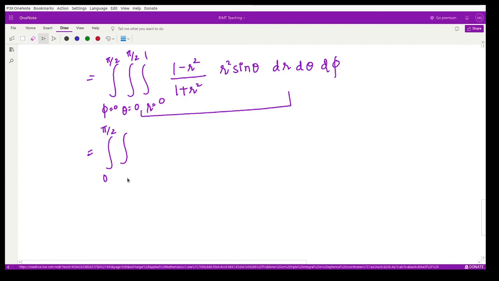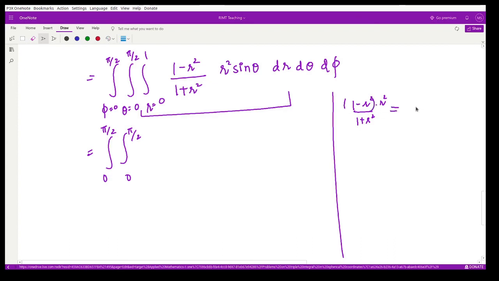r. So we have this double integration as such, and then when you solve this, let me solve it here. So we have 1 minus r square by 1 plus r square into r square, right? So this quantity, I'm just performing some rearrangement.